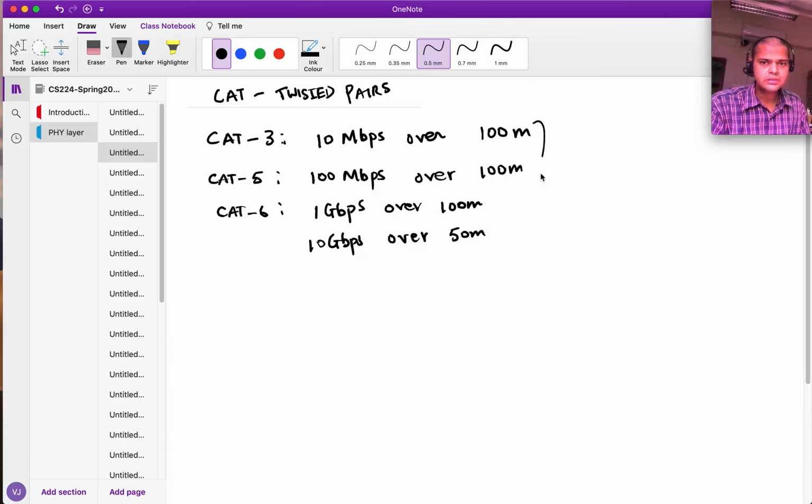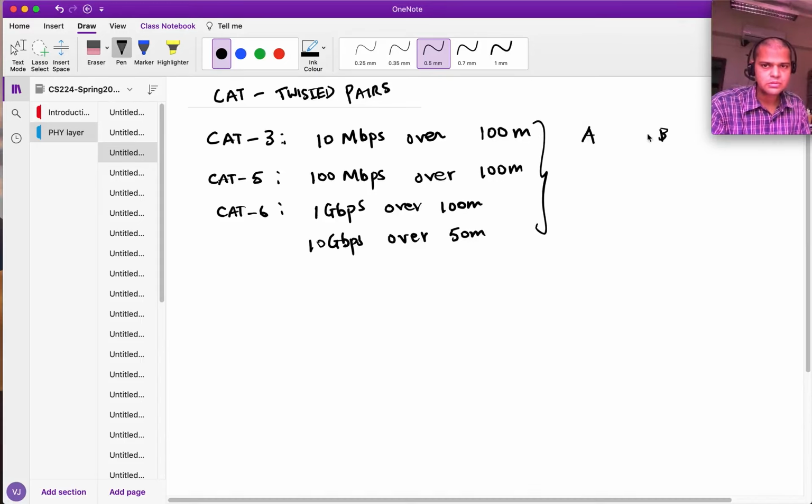So these distances correspond to the distance between the two nodes. Suppose you are using a cable between them, this is the distance. Okay, so obviously Cat 6 is going to be more expensive than Cat 3. Okay, so the quality of the material, the quality of the twisting and other things affects the category.